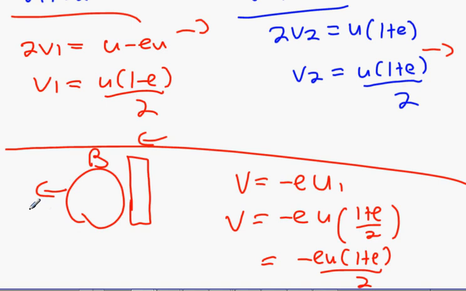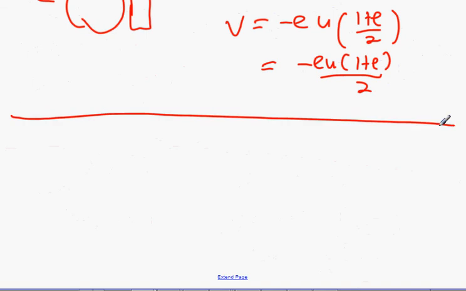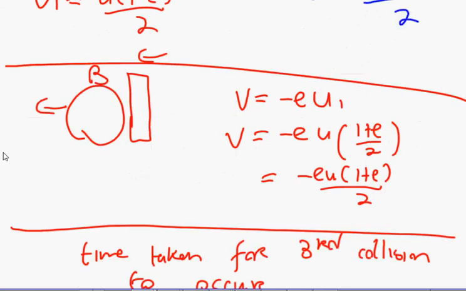Now, next thing we've got to worry about is the time taken for the third collision, or technically the second collision between particles A and B. So you're going to say time taken for the third collision to occur. Is that what it's asked me to do?